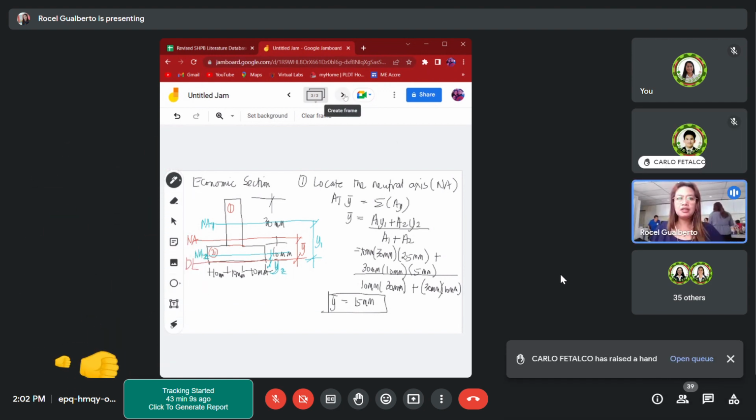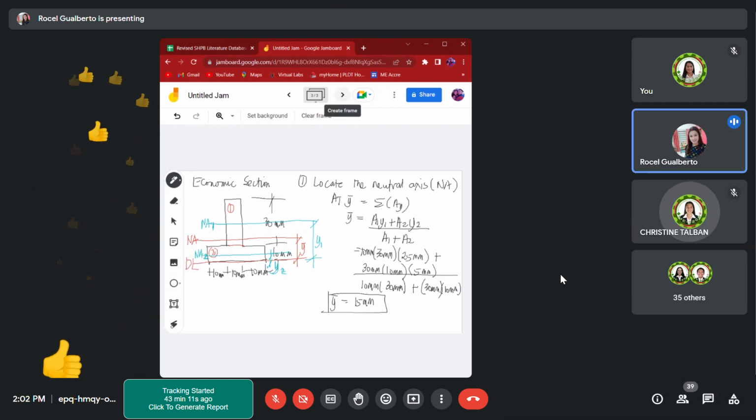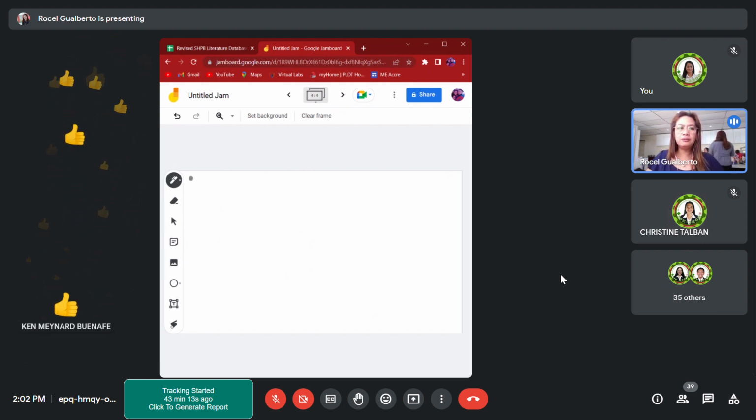Now, let us have the second part. After you locate the neutral axis, you need to determine the value of C. May question? May nag-raise ba ng hand?